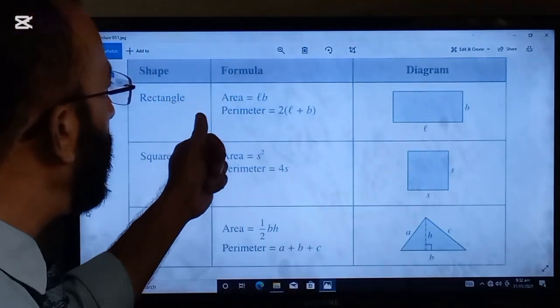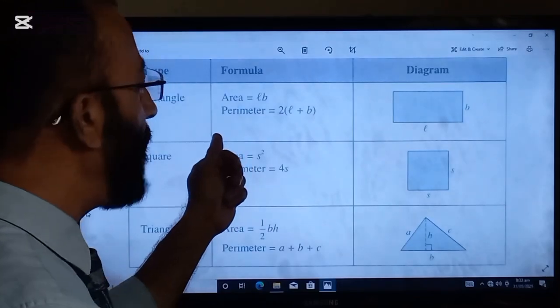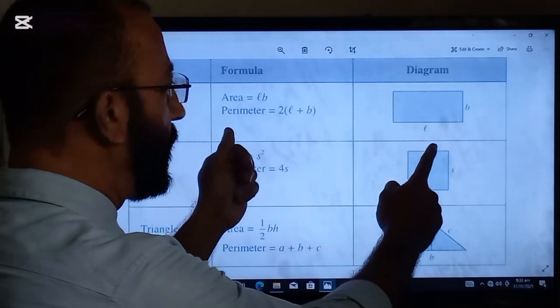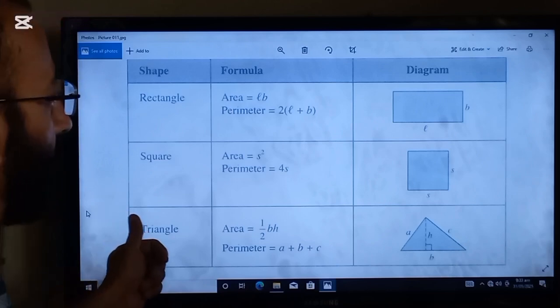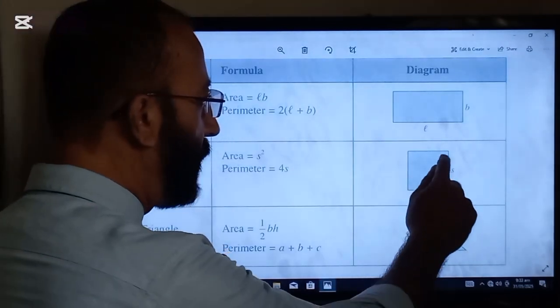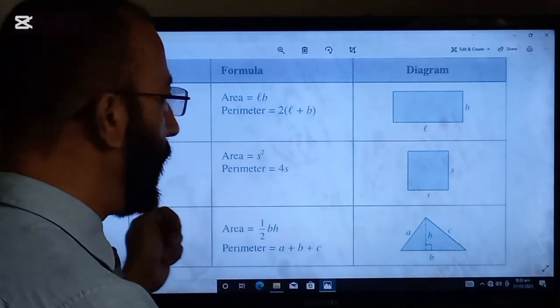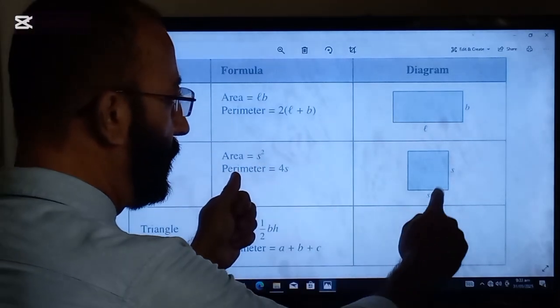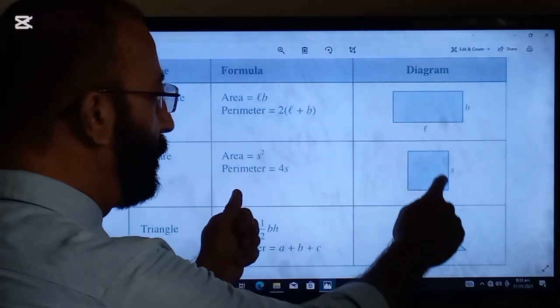The formula for the area of the rectangle is length multiplied by breadth, and the perimeter of the rectangle is 2 into (length plus breadth). Square. Square is a figure in which all sides are equal and each angle is 90 degrees. The formula for the square area is L square, where L is the side, and the perimeter of the square is 4L.